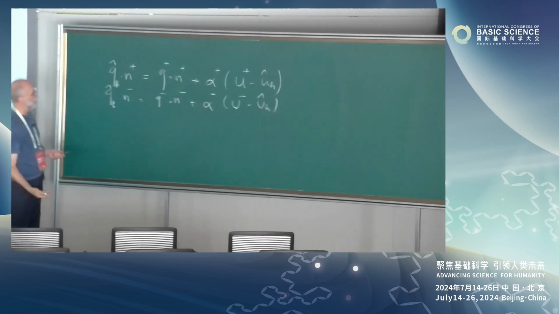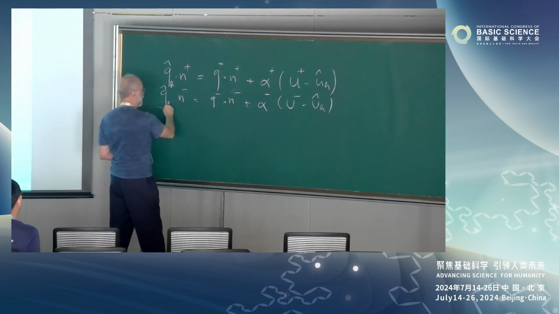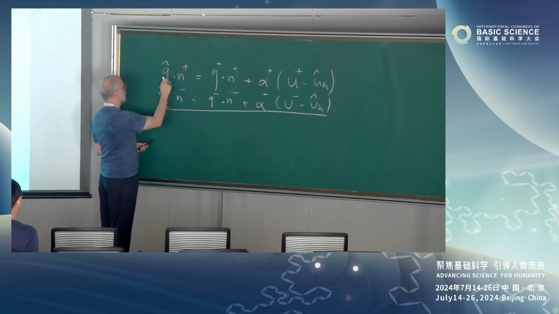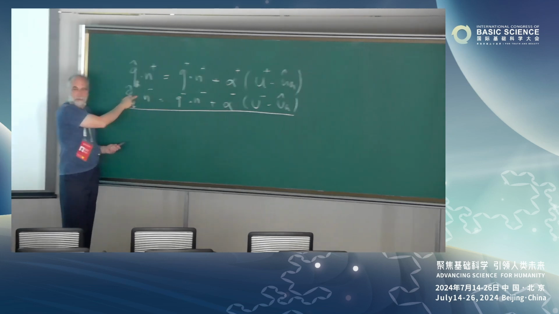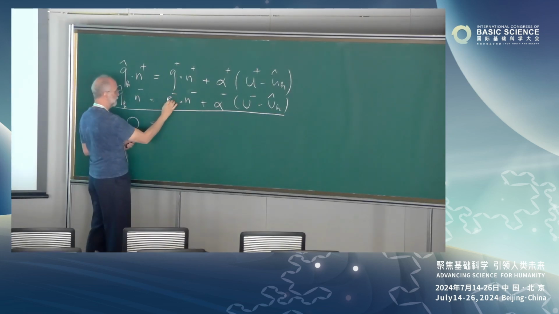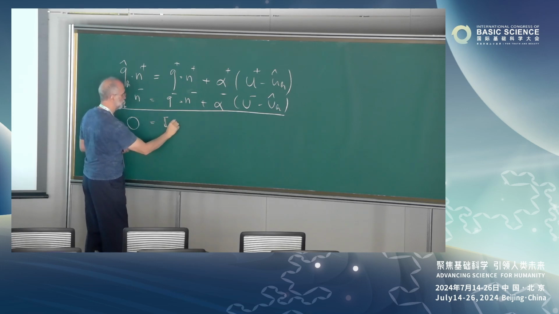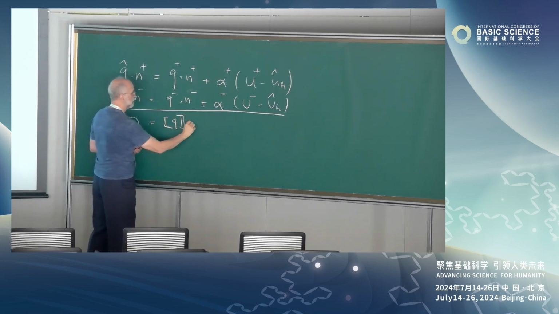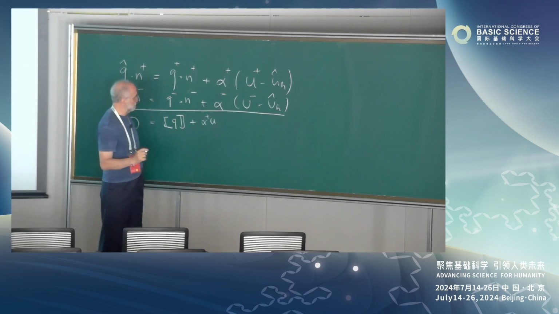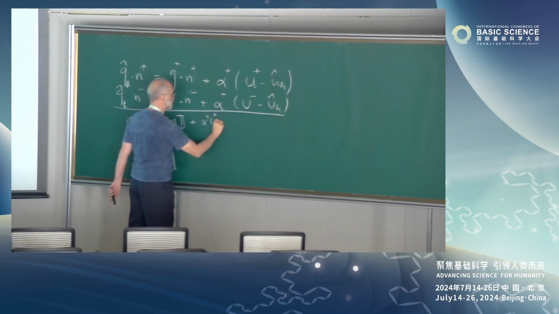Single valued. Okay, so now I add these equations, and I want this plus this to be 0. Okay, so this is 0, and this plus this I call the jump of Q, and then here I have alpha plus U plus.